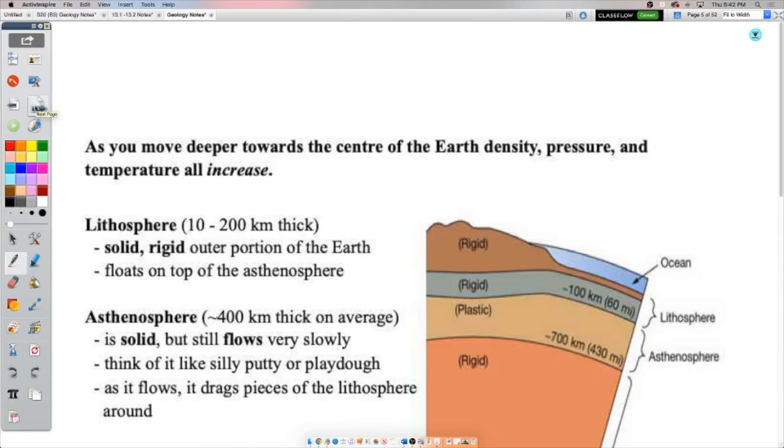Okay, so let's look at these layers and what their properties are now that we're getting to know them. First things first, though, you've got to know this. As you move deeper towards the center of the earth, and it does make sense when you think about it, density, pressure, and temperature all increase. So it gets hotter, it gets more dense, the pressure gets higher.